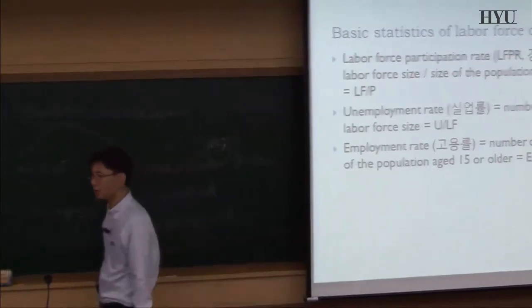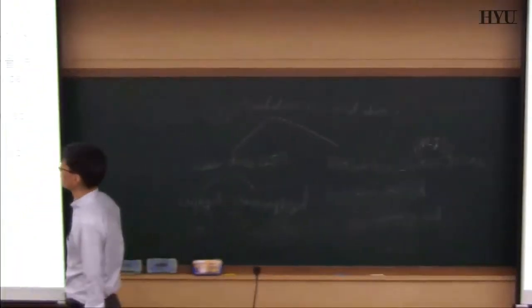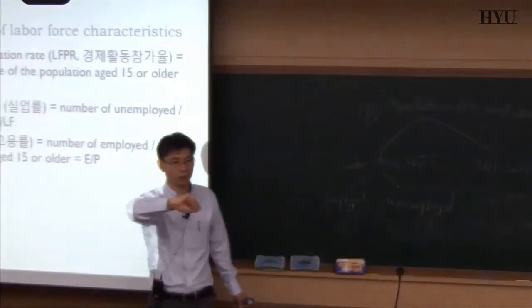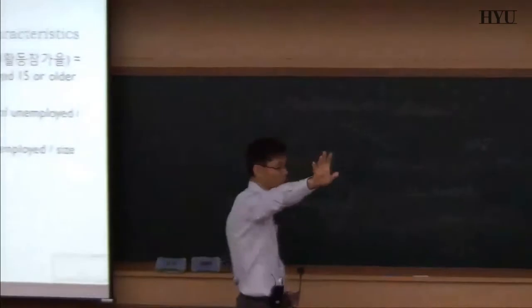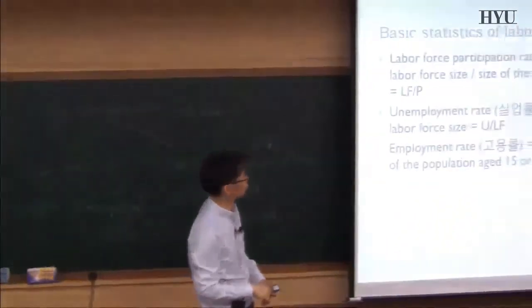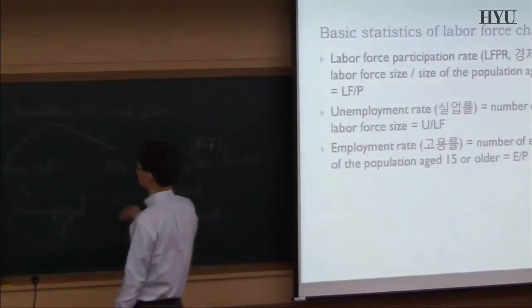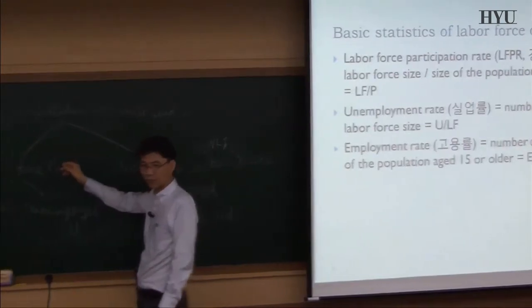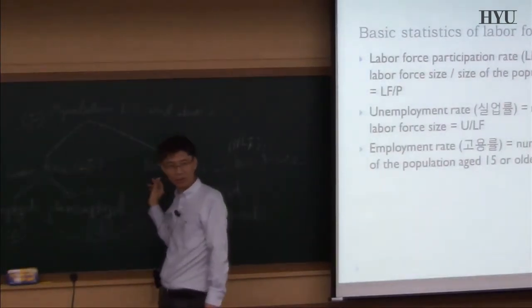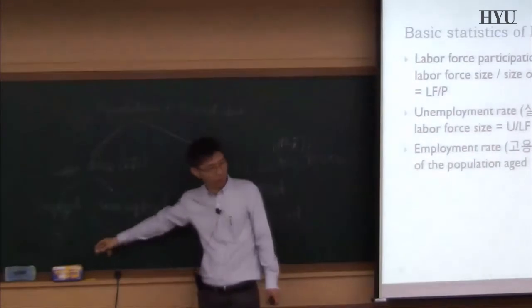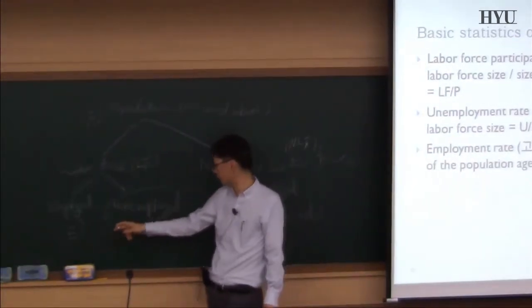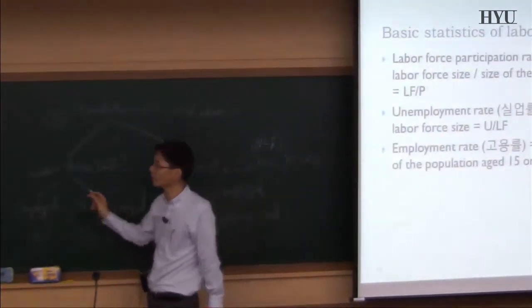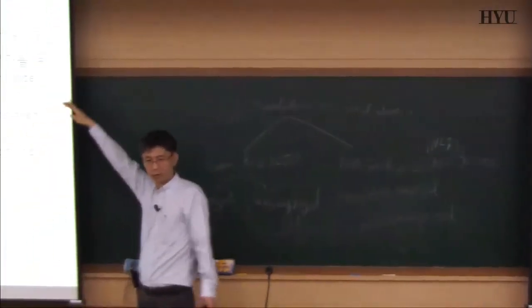Okay. So to know the current state of, let's say, the Korean labor market, Korean labor force, we should look at these numbers. For example, what is the size of the labor force? What is the size of not in the labor force? What is the size of employed people? What is the size of unemployed people? But at the same time, what are these three numbers?